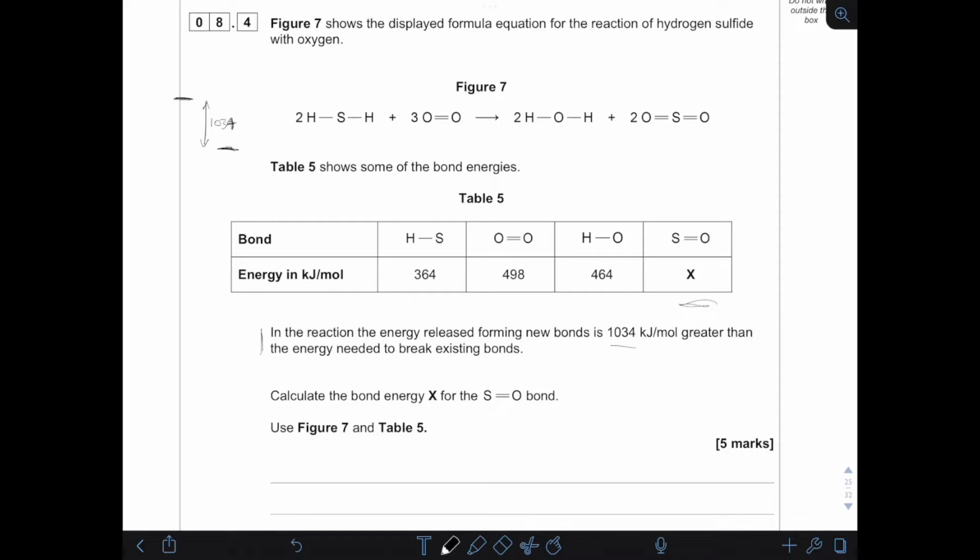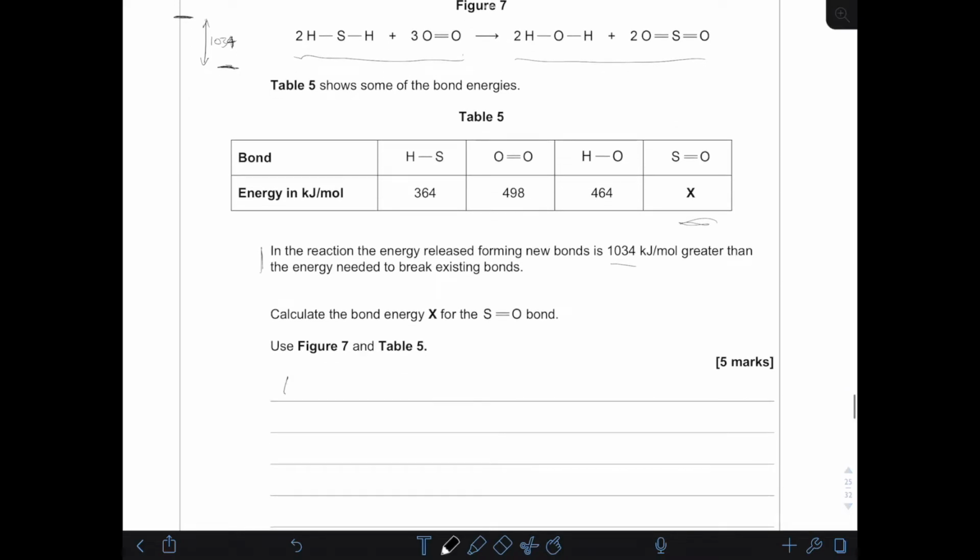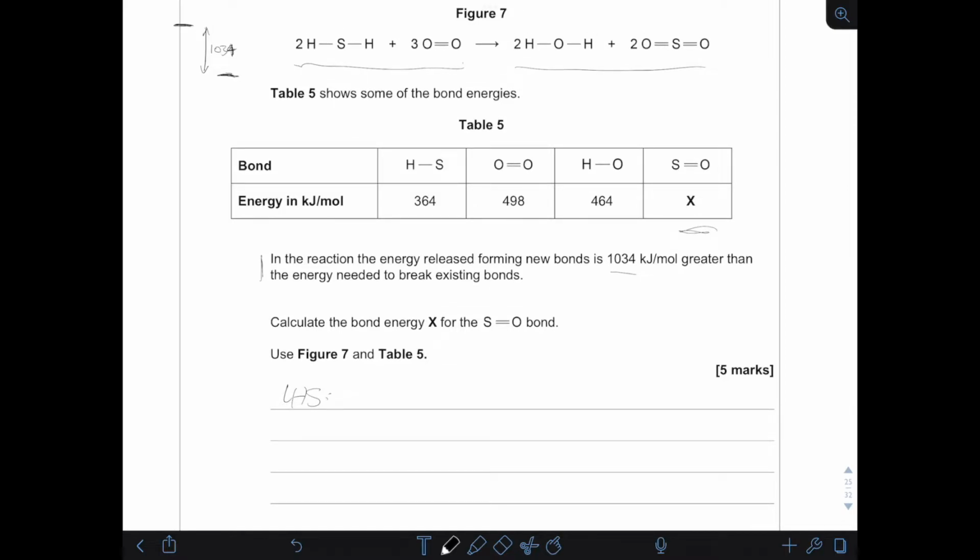So what we need is to tally up the total bond energy on the left side and the right side. On the left hand side, LHS, we have 2 lots of 2 SH bonds, which is 364. So that's 2 lots of 364 on the left, and there are 2 molecules of H2S, so that's why it's 2 times 2 lots of 364.